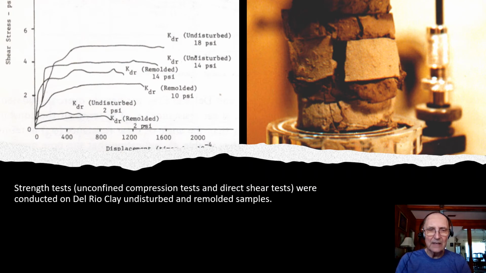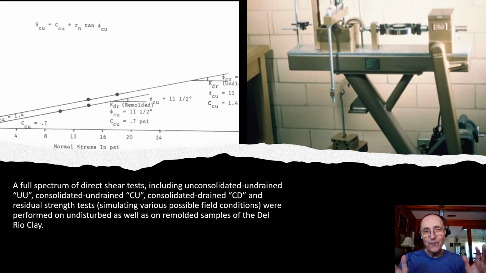Strength tests, typically unconfined compression tests and mainly direct shear tests, were conducted on the Del Rio Clay on both undisturbed and remolded samples. A full spectrum of direct shear tests were conducted on samples of the Del Rio clay.